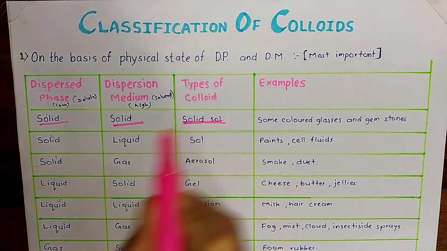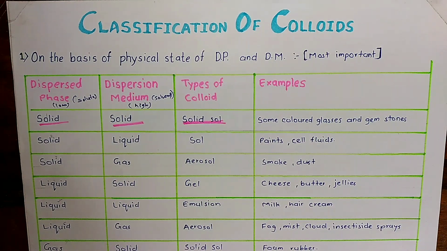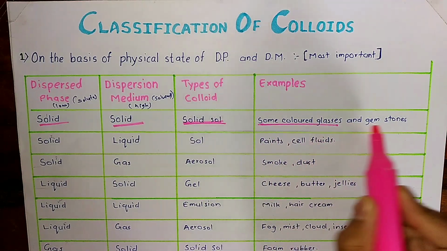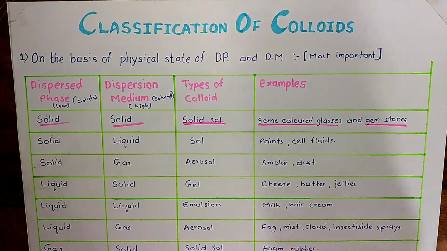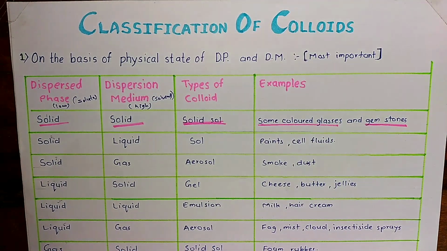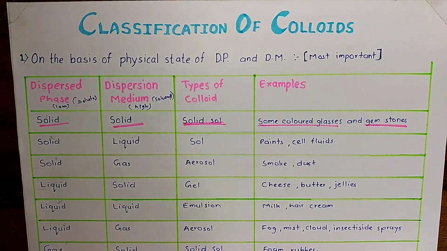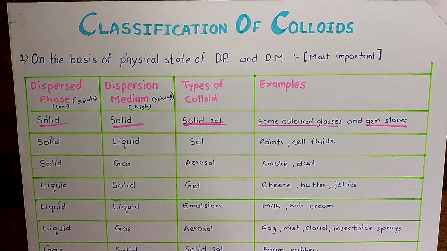This becomes a solid sol, and examples of solid sol are colored glasses and gemstones. If we take transparent gemstones and mix some color in them, it will become shiny.